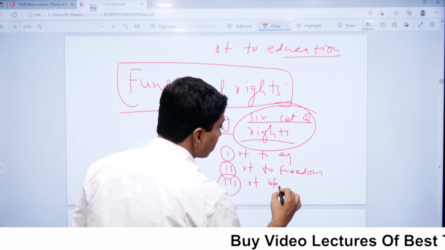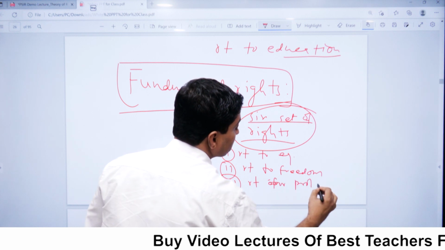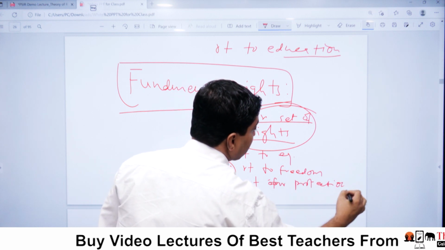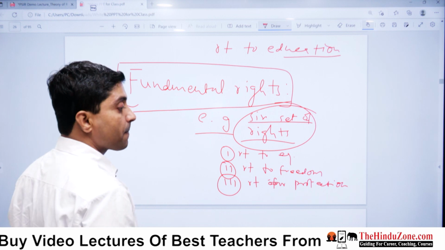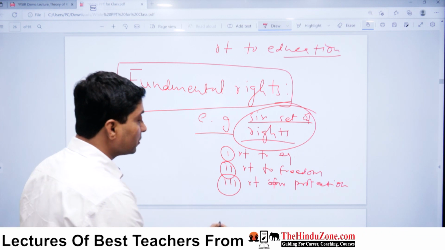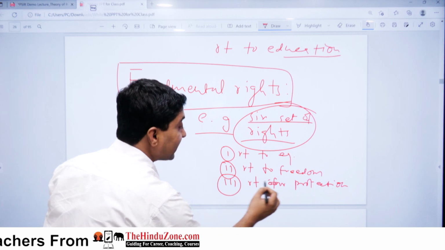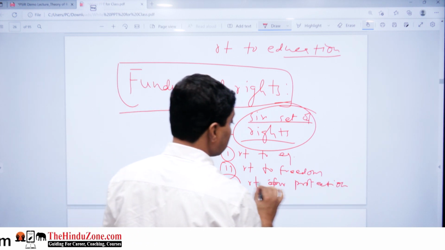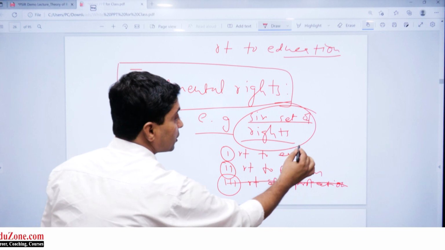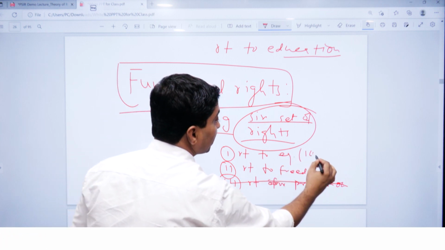against arrest and prevention. Oh no, right against exploitation. Sorry, that is under article 14 to 18.